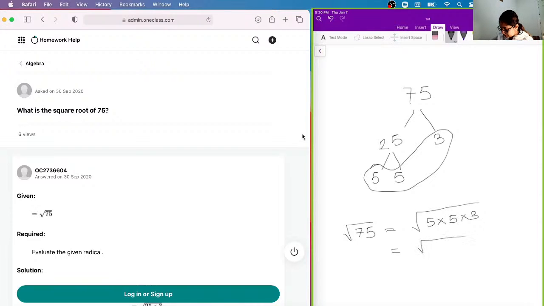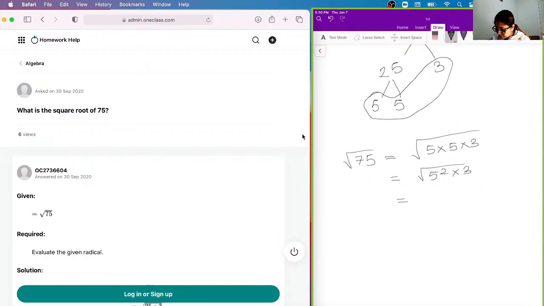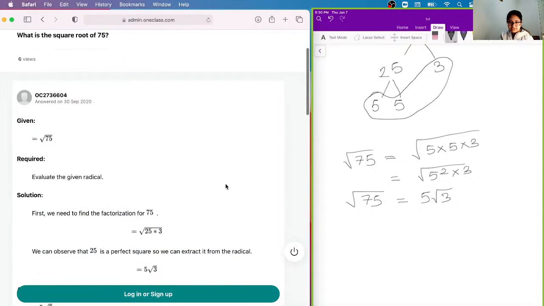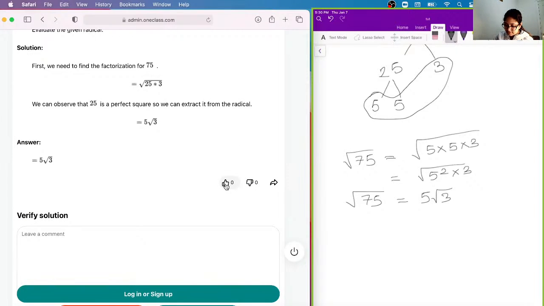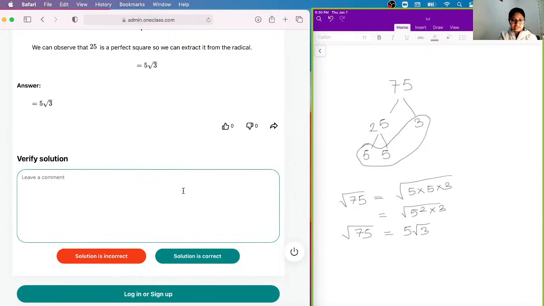Further express this by saying 5 squared times 3, and as you can see, the square and the square root will cancel. So the square would get cancelled out by the square root, so you would be left with 5 square root of 3. And so square root of 75 is equal to 5 square root of 3. And so this is the answer.